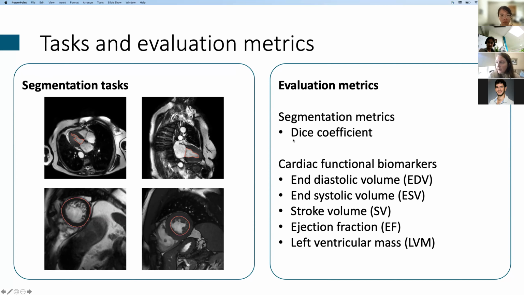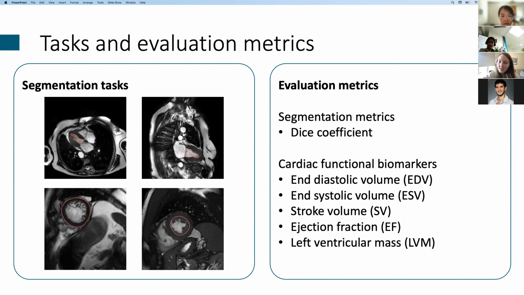And so we do evaluate these with the dice coefficient, but we additionally evaluate all of these cardiac functional biomarkers. These are things that cardiologists look at when they evaluate cardiac MR images and they manually draw segmentation masks. They'll use those segmentation masks to compute these different values. So ejection fraction, for example, is the fraction of blood that the ventricle is pumping out each cycle.